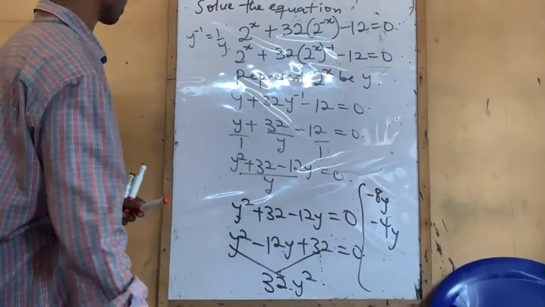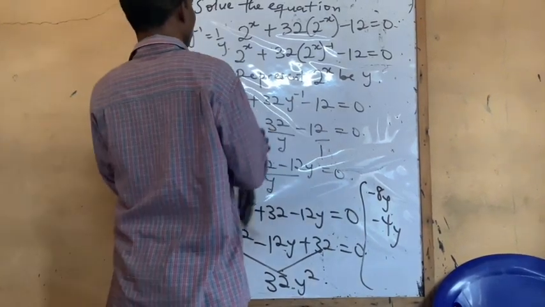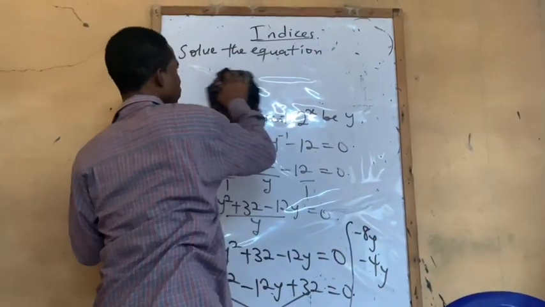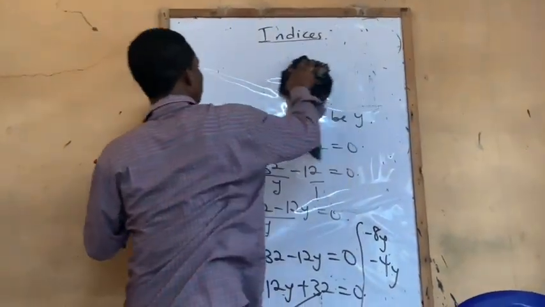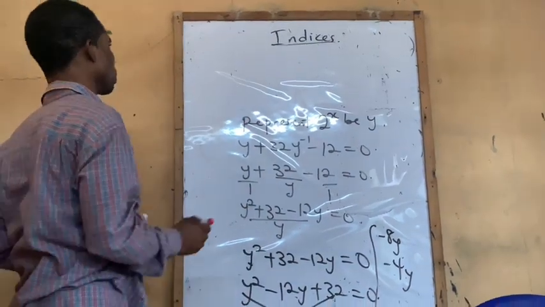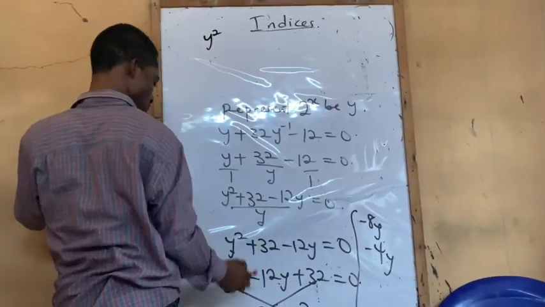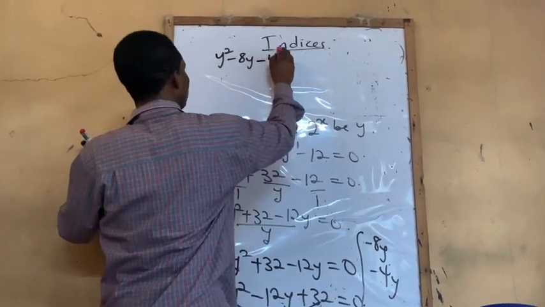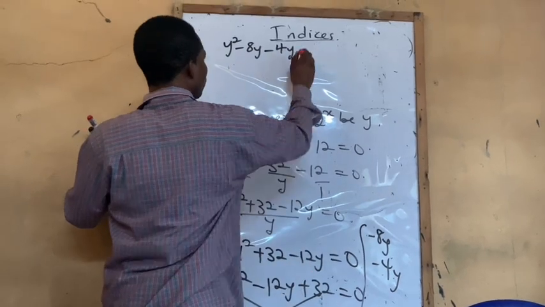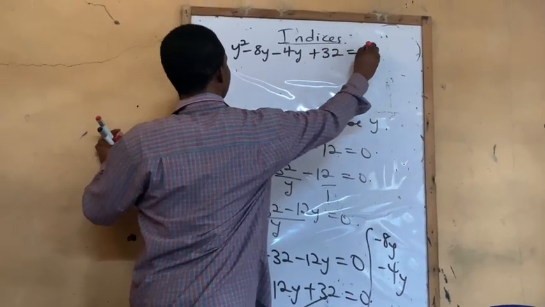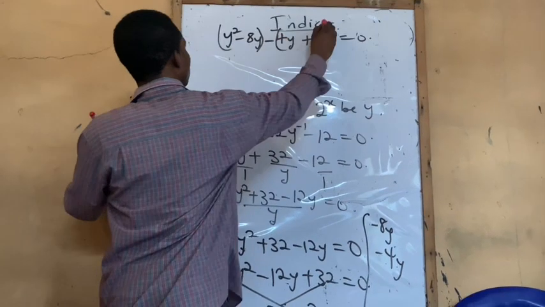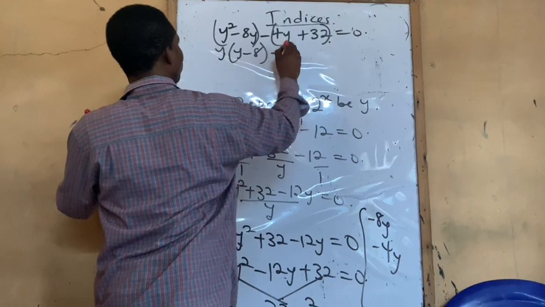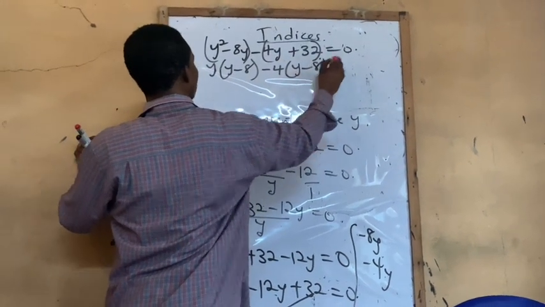So the next thing to do now is, let's say y squared minus 8y minus 4y plus 32 equals 0. y into bracket y minus 8, minus 4 into bracket y minus 8.